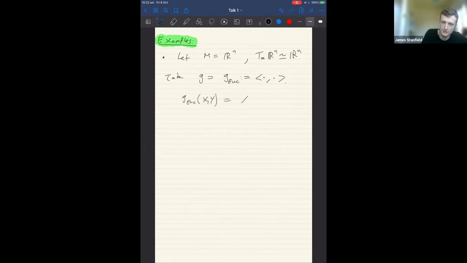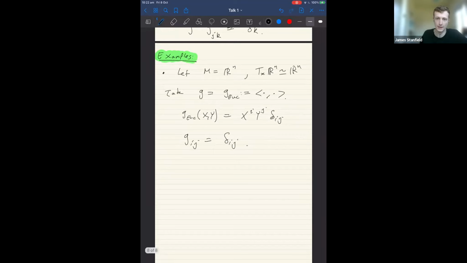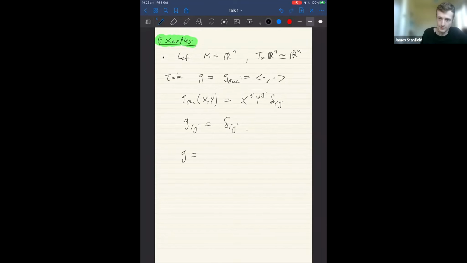If I take two vectors, this is just x^i y^j delta_ij, i.e., we get this in coordinates. So this is the most basic metric you can think of, the one on Rn. And if we want to write this in the other notation, this is dx^i dx^j times delta_ij, which is just the sum over i of (dx^i)^2. So this is like your line element in Rn.